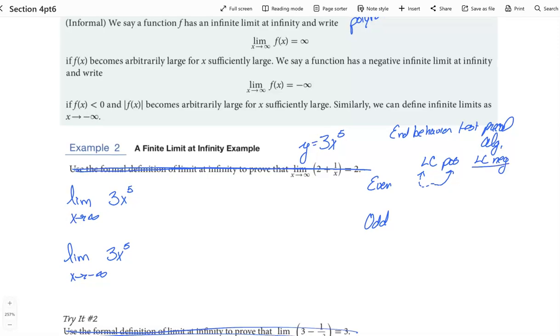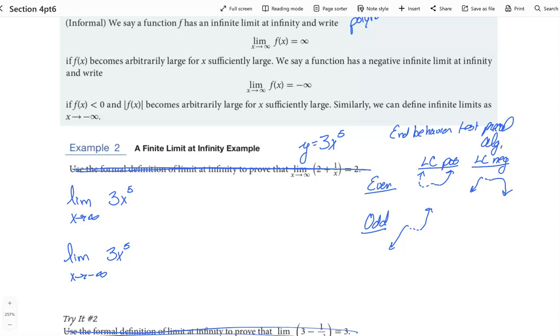If we had a negative leading coefficient but an even exponent for that leading term, then both ends would point down. If we had an odd exponent with a positive leading coefficient, the left-hand side would point down, the right-hand side would point up.